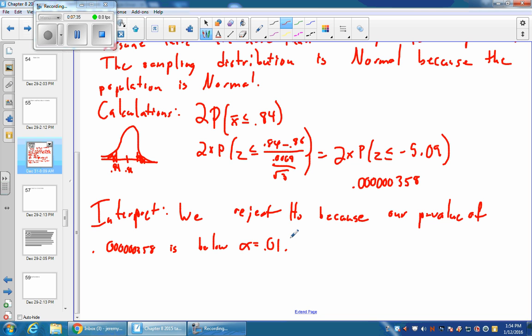Once we're done, we have to think about what we found out. We have evidence that the specimen is not 0.86. That's what we wanted to figure out. Hope that made sense.